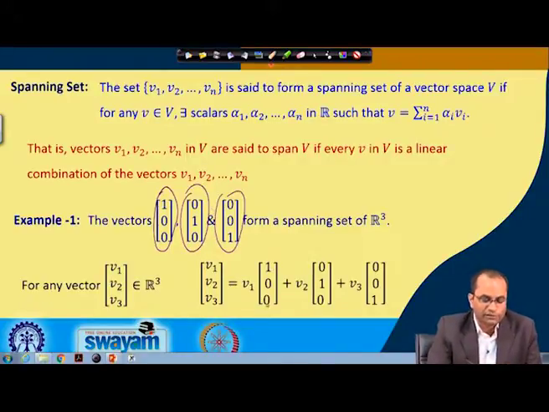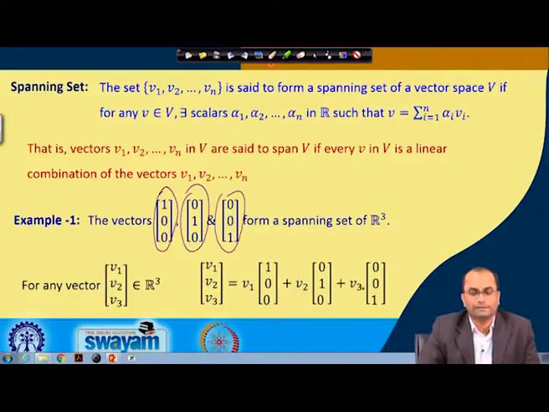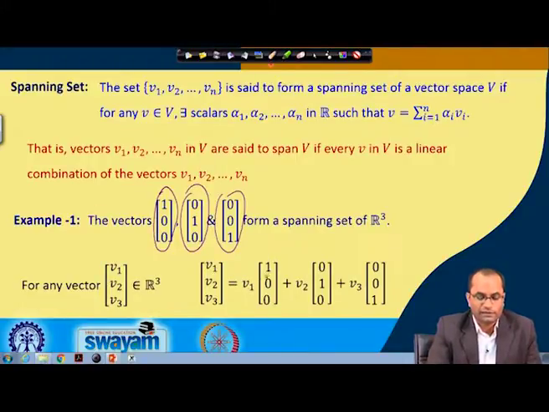So here we have (1,0,0), (0,1,0) and (0,0,1). We just multiply the first vector by the number v1, the second one by v2 and the third one by v3. As we see clearly, in the first component we have v1, and 0 and 0 elsewhere, so it adds up to v1; in the second only v2 will come up, and in the third only v3 will come up.